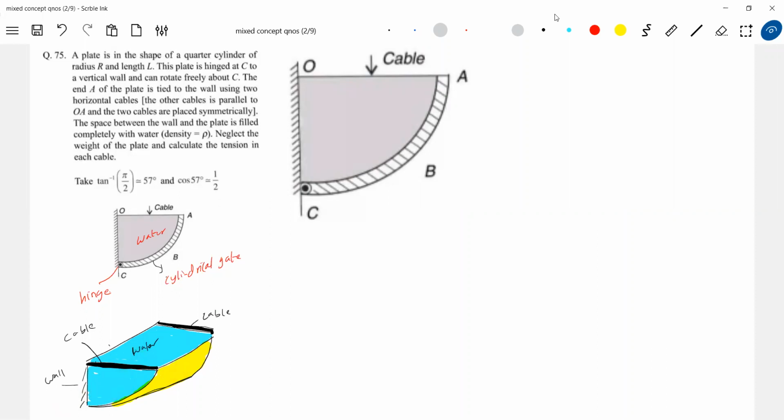He's asking what is the tension in the cable. If there were no cable, what would happen? Because of the liquid, it will exert force normally.